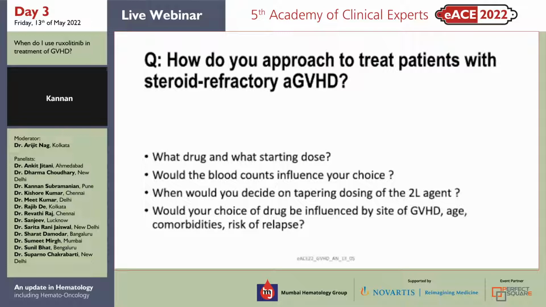And coming to the choice of drug influenced by the site of GVHD, even for GI GVHDs, you would still end up giving Jakavi. No major problems with absorption unless it is, say, grade 4 and you're seeing melena and things like that. You could still go ahead and give oral Jakavi if there is no other problem.